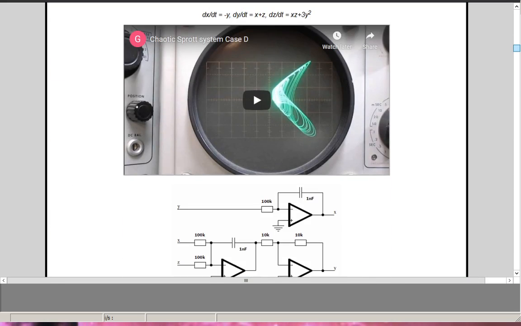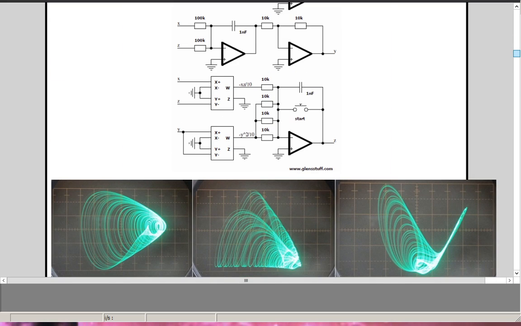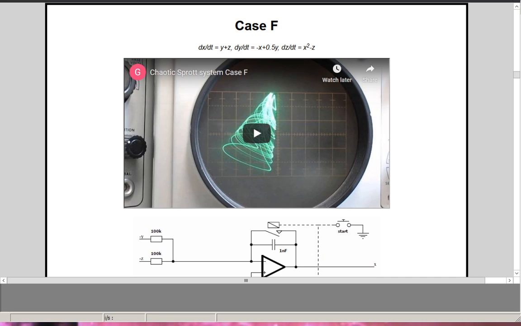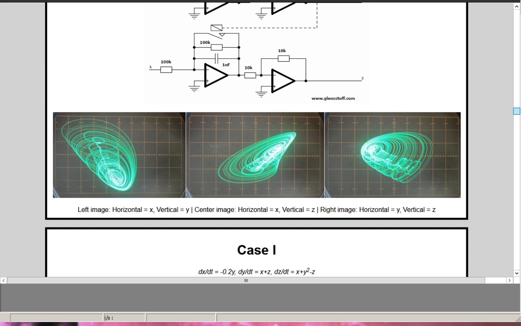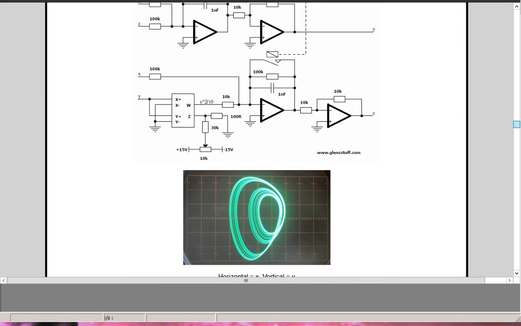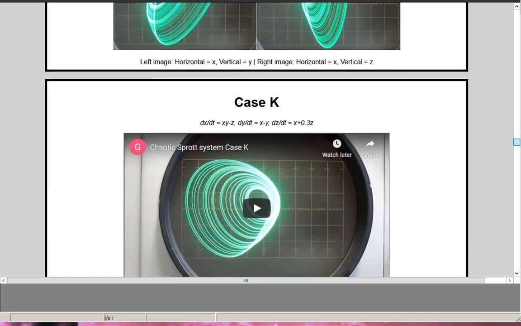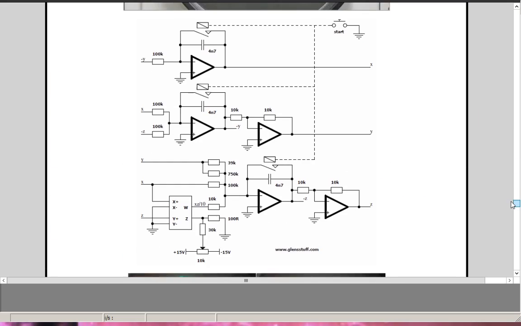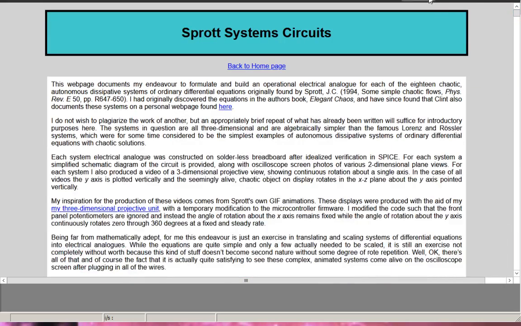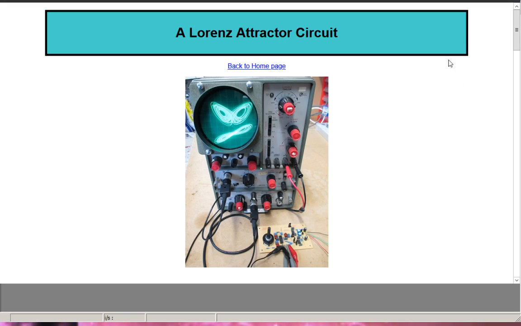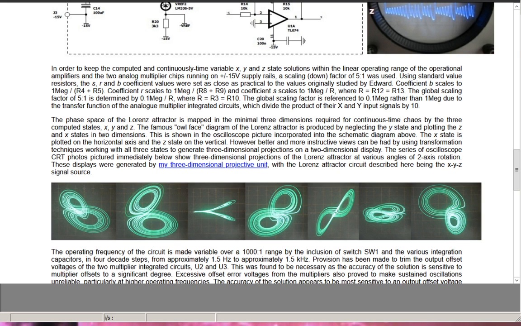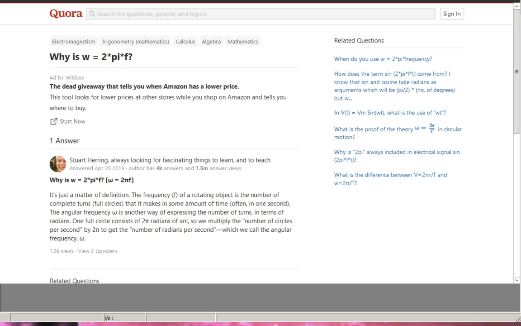I don't understand his circuitry. I think this is just programmed chaos. I don't think this is a real chaotic circuit, but it's the right idea.